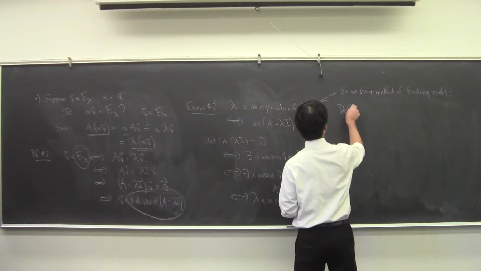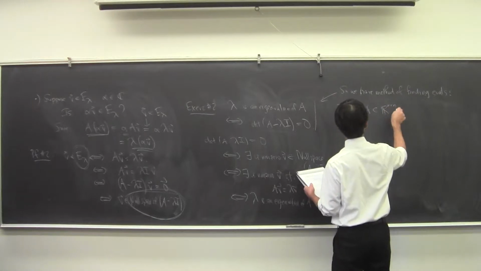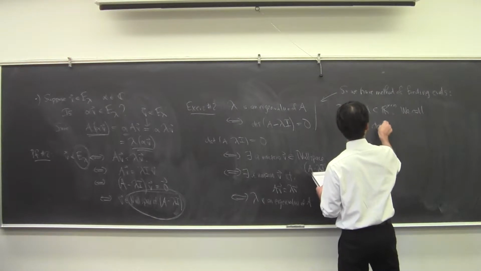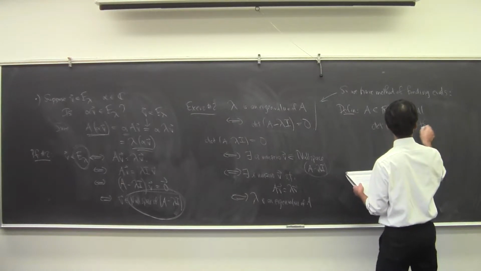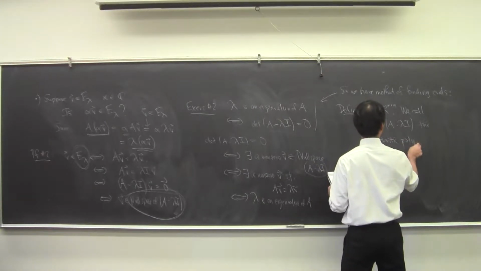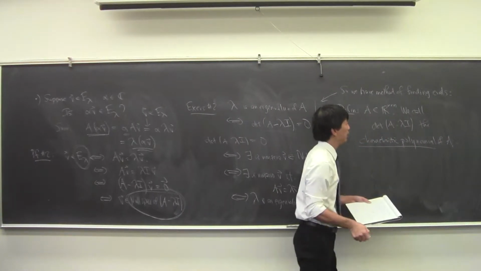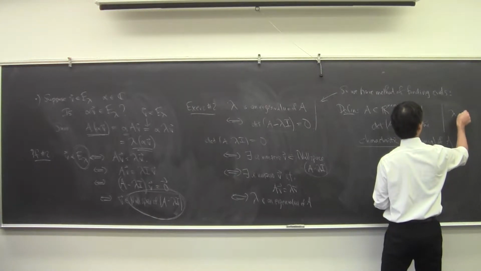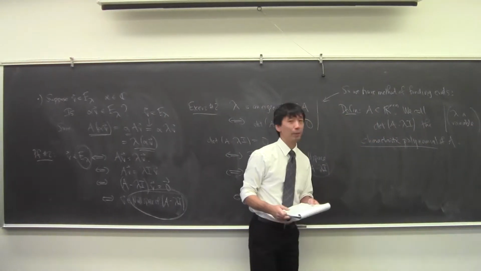So let me introduce a terminology. Given some matrix A, we call the determinant of A minus lambda I the characteristic polynomial of A. In this, we think of lambda as a variable.